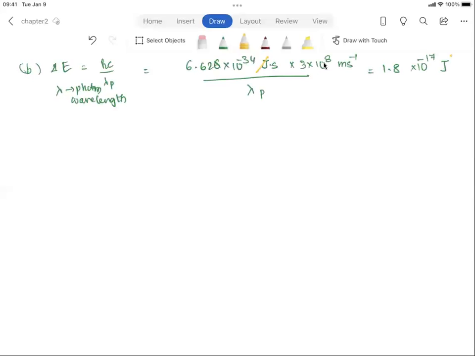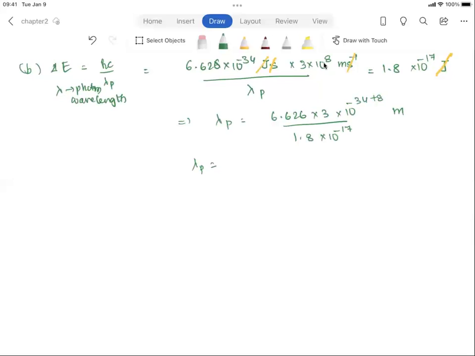So the joule and the joule get cancelled, second per second gets cancelled. So that implies lambda is going to be 6.626 times 3 times 10 to the power negative 34 plus 8 meter per 1.8 times 10 to the negative 17.